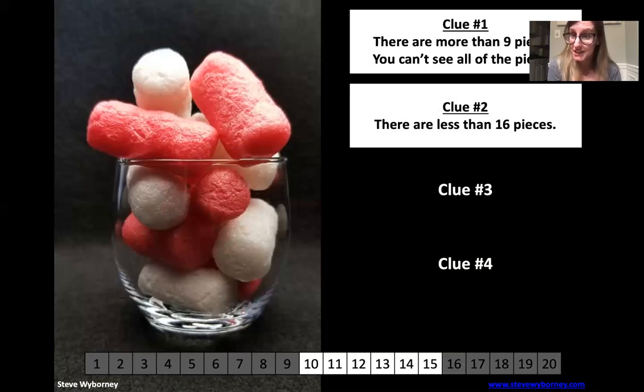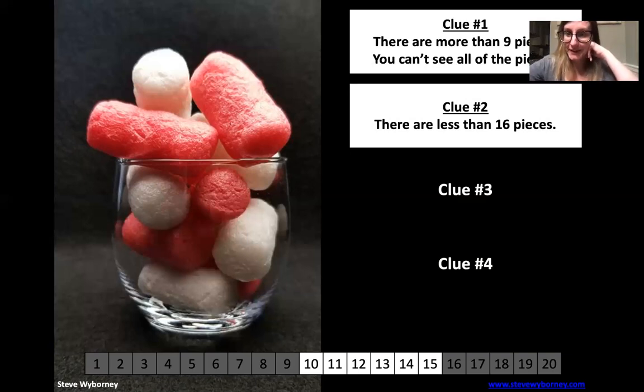If not, change it. Because now we know that our estimate is more than 9, but fewer than 16. It's smaller than 16. What numbers could it be? We can use our number line to help us. Do you see that number line? Is your estimate either 10, 11, 12, 13, 14, or 15?